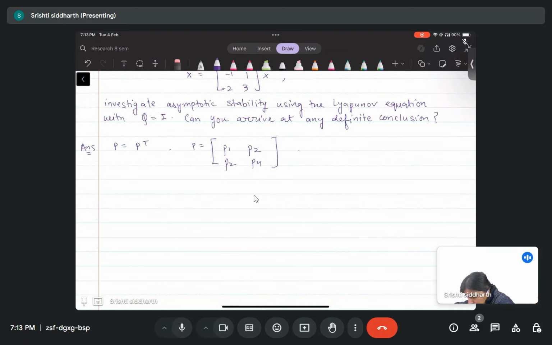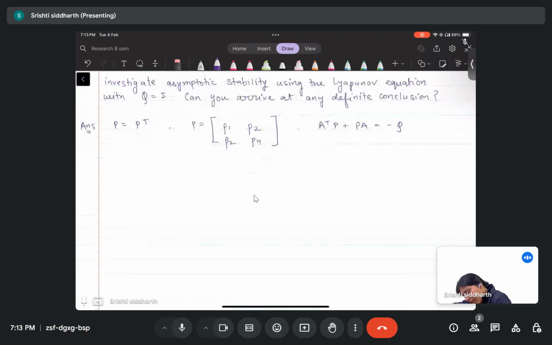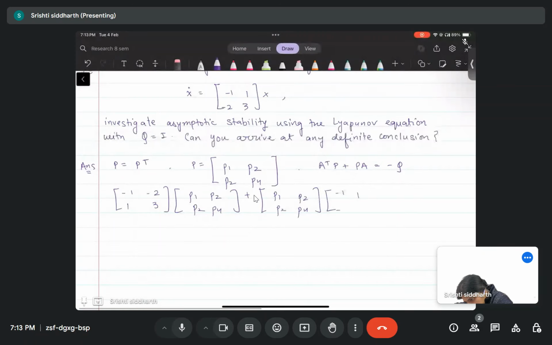So we have A transpose P plus PA equals minus Q. So we have minus 1 1 minus 2 3, P1 P2, equals minus identity.